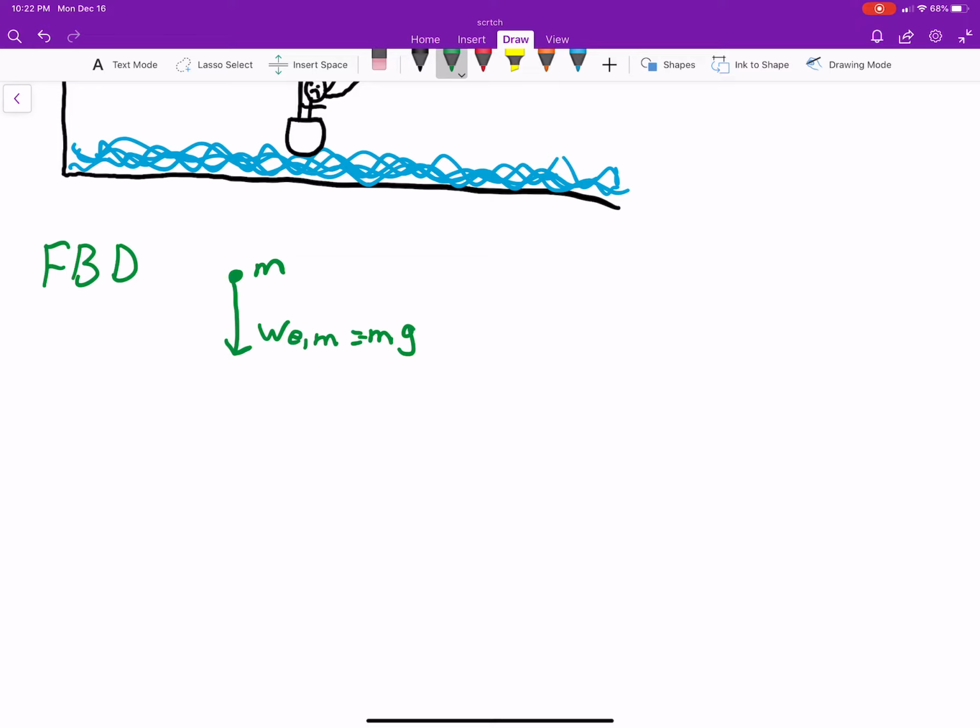And our net force is going to be equal to our force in the x direction, our force in the y direction, and our force in the z direction.